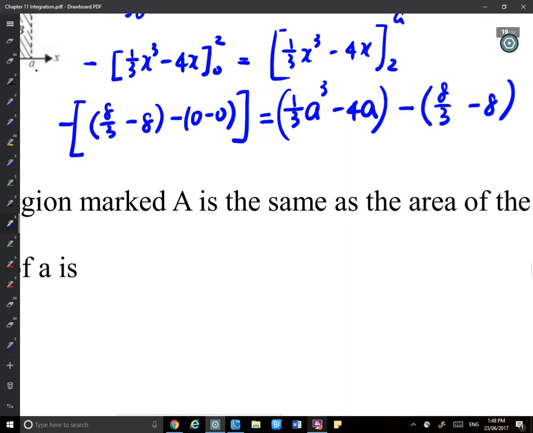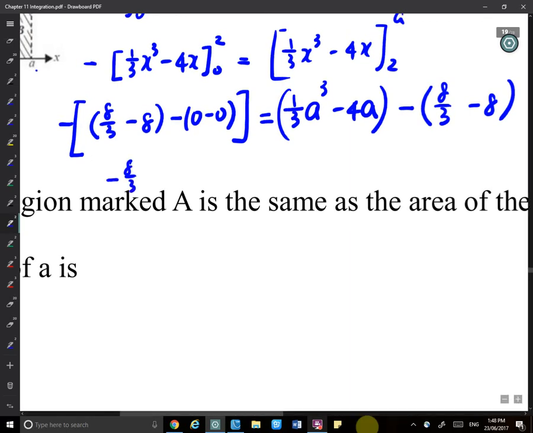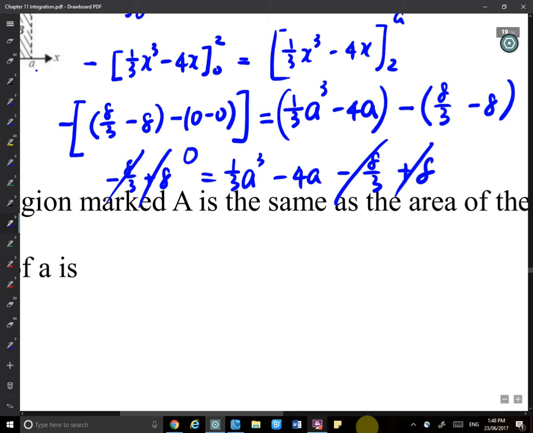So what you have is minus 8 over 3 plus 8 on one side equals a third a cubed minus 4a minus 8 over 3 plus 8. They can all cancel and that side becomes 0. So a third a times bracket a squared minus 12 equals 0.